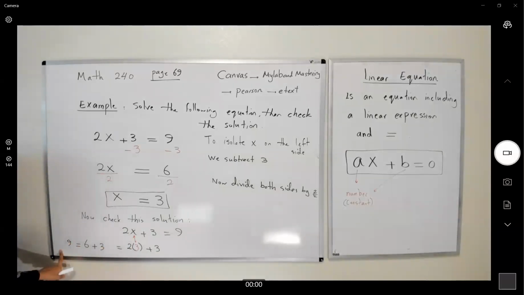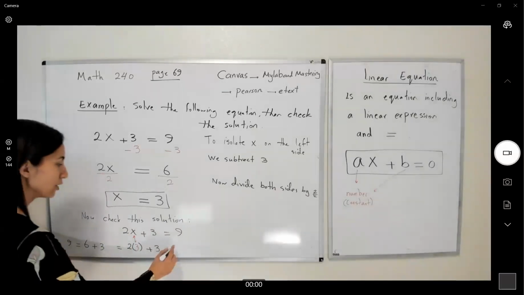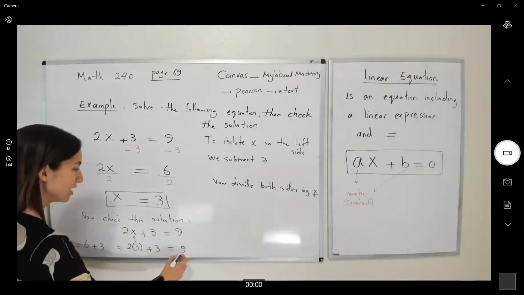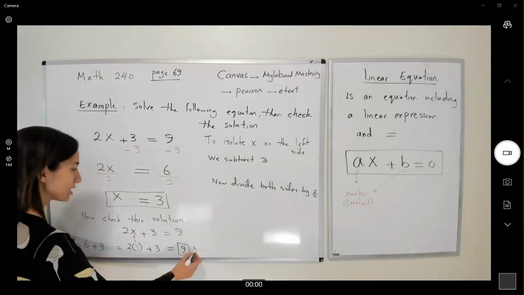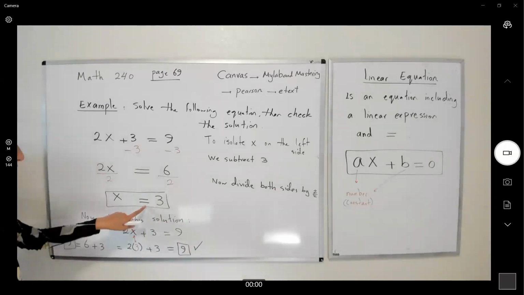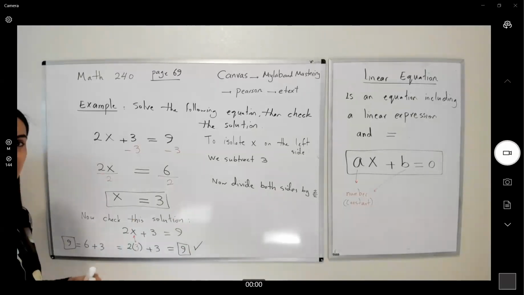I have 9 on the left-hand side. I have 9 on the right-hand side. 9 and 9 are equal to each other. What's the meaning of that? It means that x equals 3 is the solution for this linear equation.